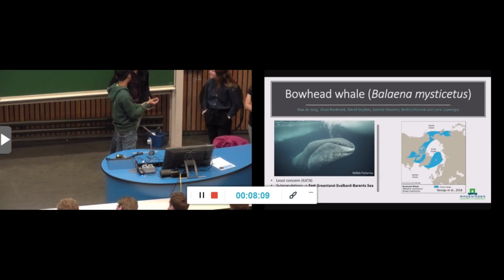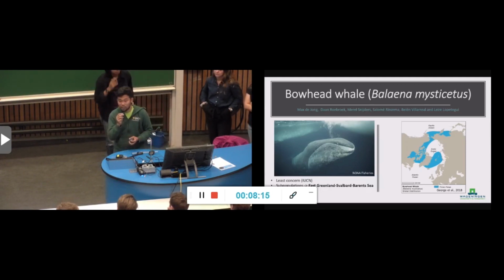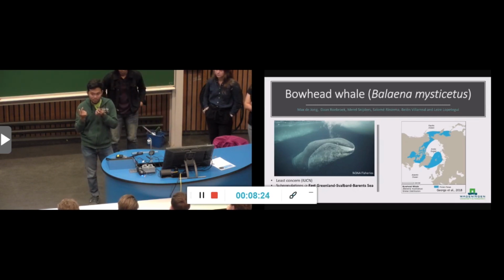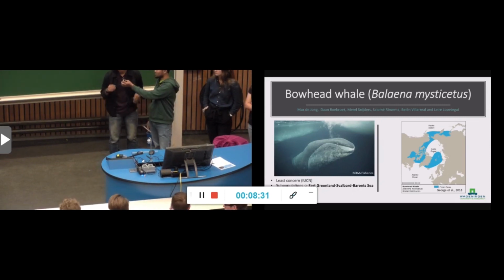Temperature. For me it's mostly related to the temperature. The higher the temperature, the more they tend to be female. It's almost the same concept as with sea turtles.